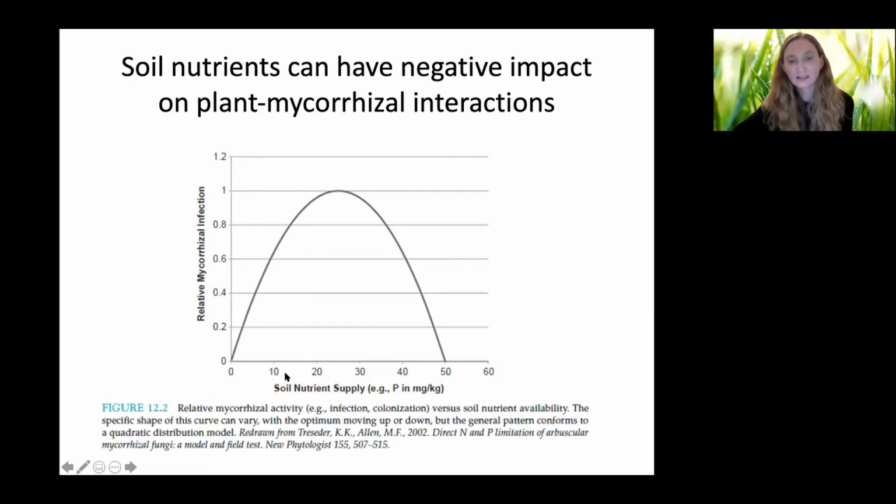So as the fertilizer levels in the soil increase, mycorrhizal colonization decreases. And this is because the plants are investing carbon in these mycorrhizal fungi. And so when they're able to get all these nutrients for free in the soil, they're less likely to invest in this mycorrhizal network.